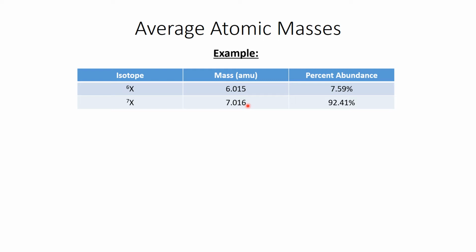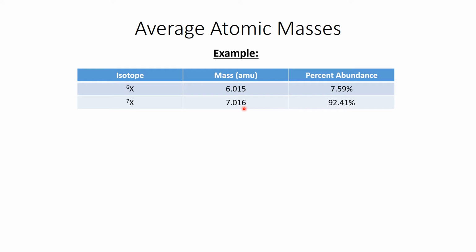But just know that there are other sources of mass in an atom besides just adding up the number of protons and neutrons. The number of protons and neutrons will give you the closest whole number, but there is a little bit of extra mass or a little bit less mass depending on what the atom is.